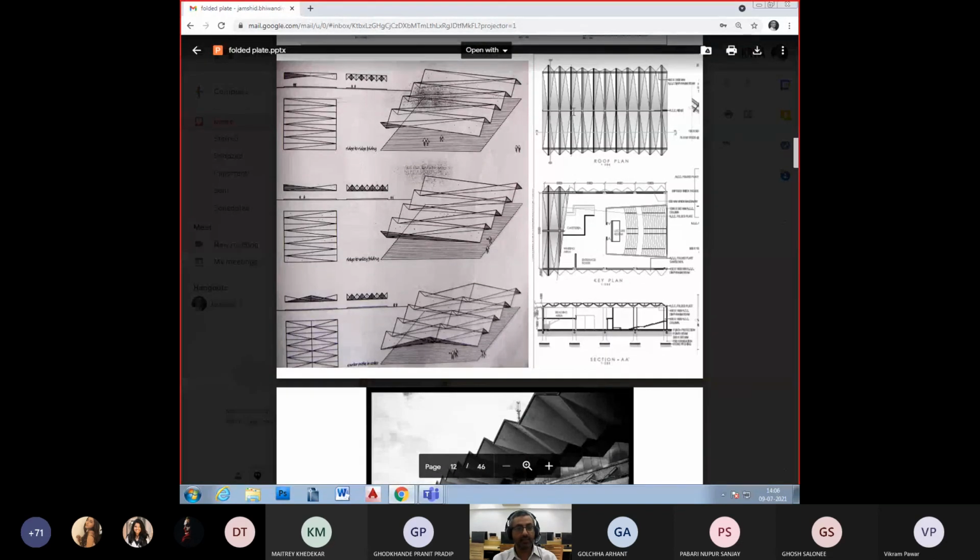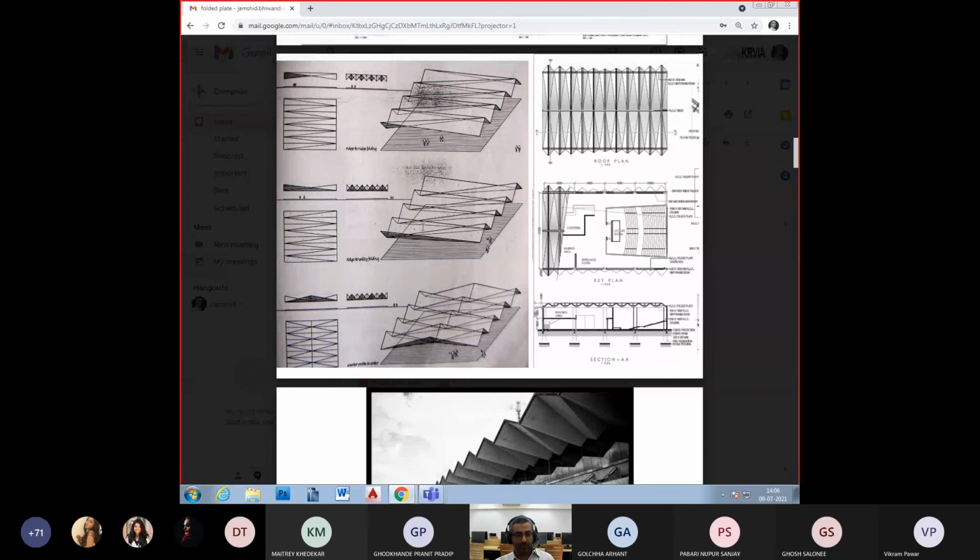So here is another set of folds that can be achieved. This is again from the book that I spoke of last, Structural Systems by Heinrich Engel. Heinrich Engel has this knack to be able to draw out plans and cross sections very clearly to create these undulating forms.